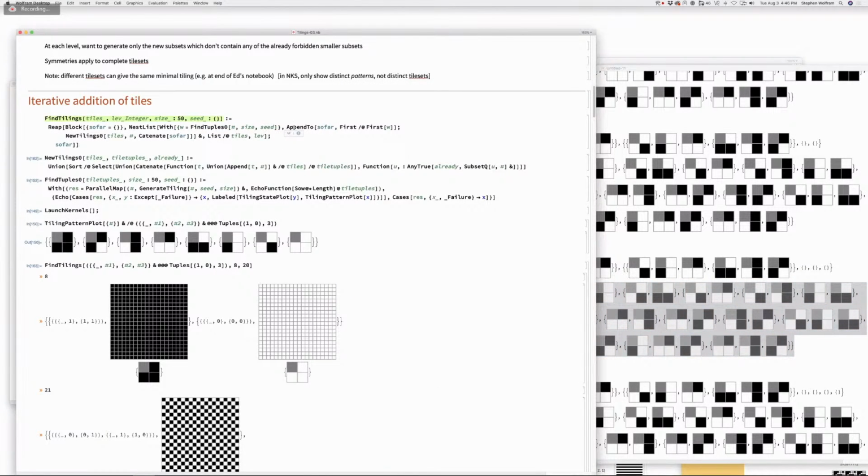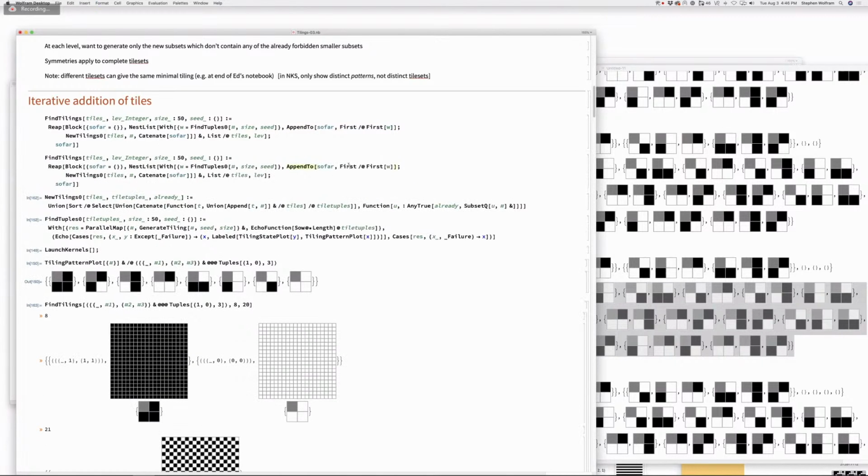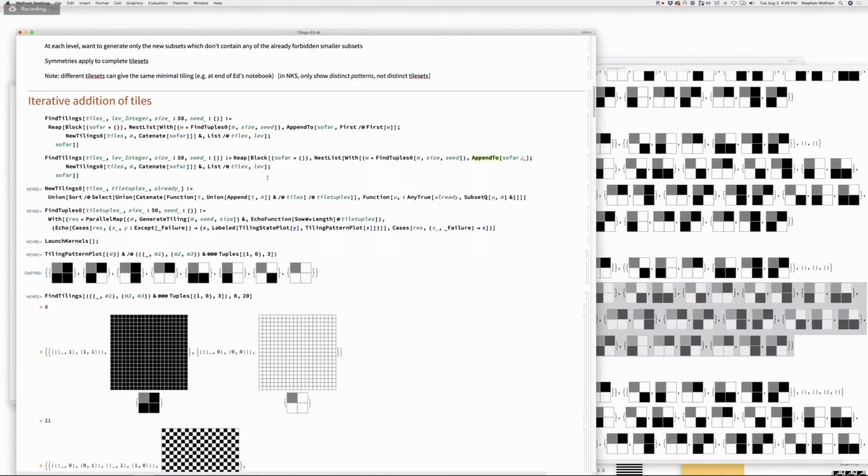So the issue here is that append to there, which is accumulating those. I think what we want to do is just this. Let me just try this. Hold on one second. Let's just make a copy of that. I think there's a good chance that it is just this.